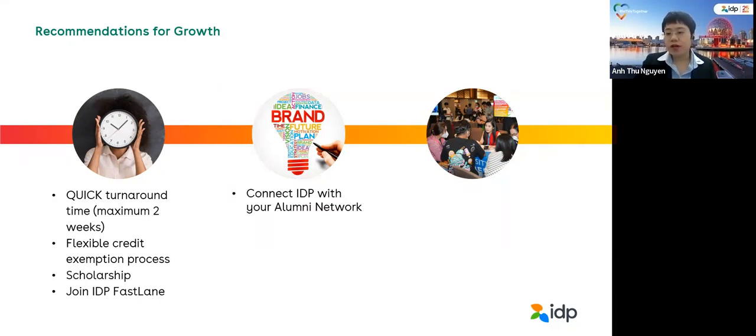And in terms of branding, please connect IDP with your alumni network, provide us with more marketing materials, and do more branding activities. In terms of how best you could help IDP Vietnam, please provide more deep training and practice with IDP counselors, and participate in IDP events and roadshows.